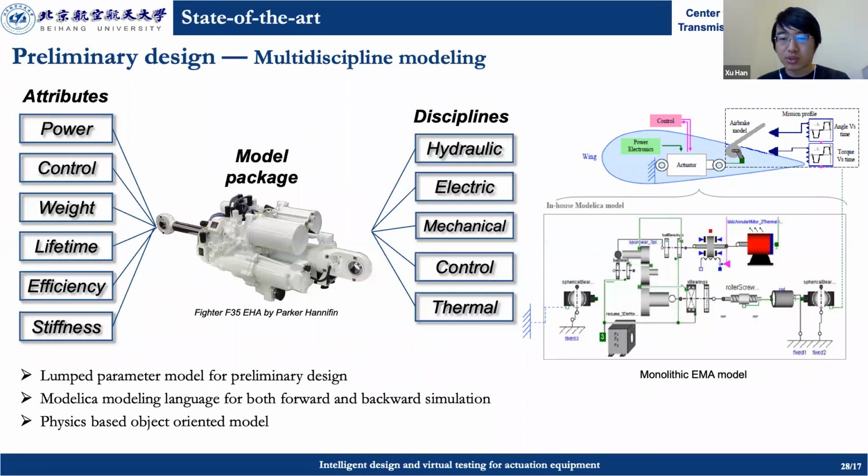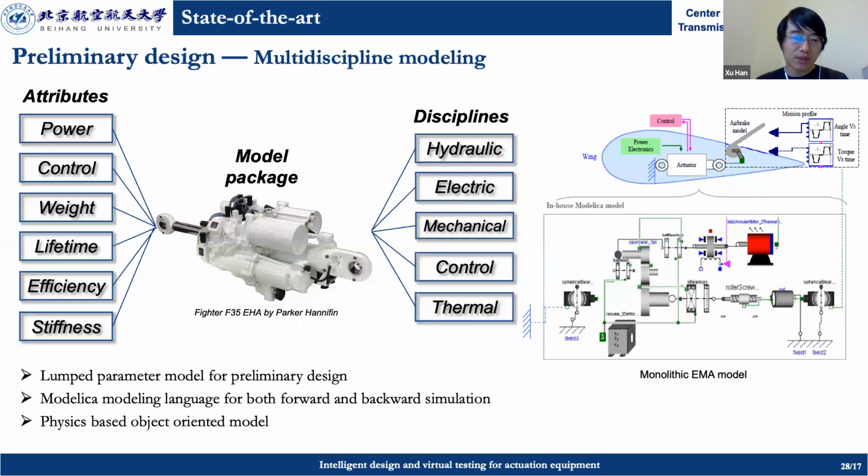So we must build a monolithic model which can involve all the disciplines. Then the actuator can be designed at the system level, and all the attributes should also be involved in the model. So we usually use lumped parameter models, which are efficient and require fewer parameters, because in the preliminary design, the parameters are still hard to achieve.